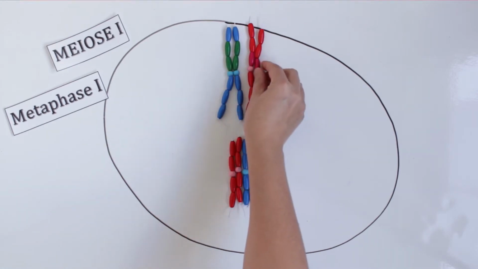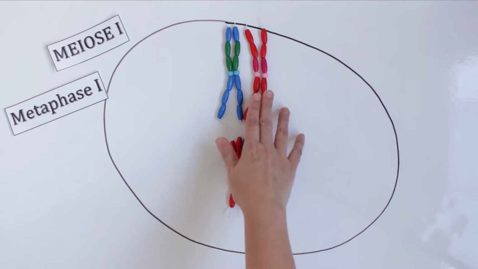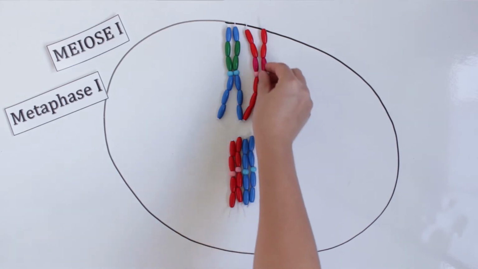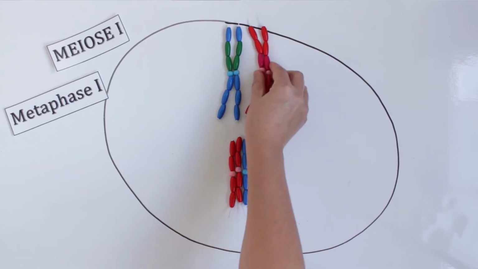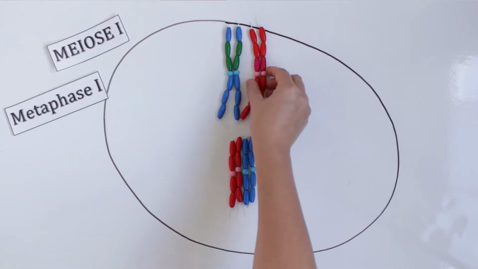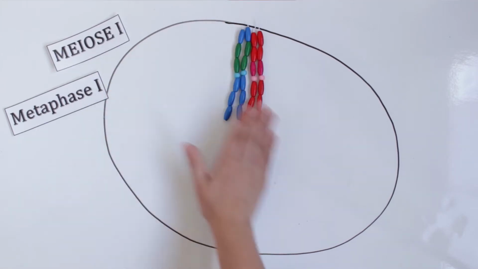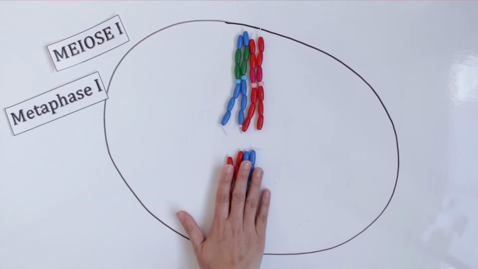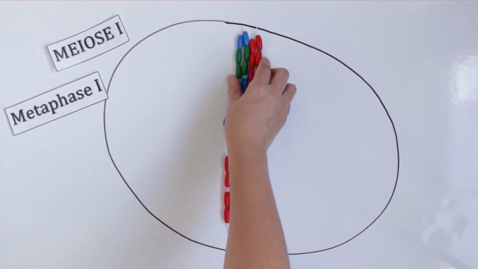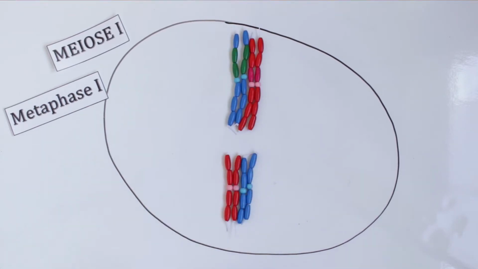And remember, when I duplicate, I call each copy a sister chromatid. So here one sister chromatid, here another one. So in this chromosome I have 2 chromatids. So in metaphase, they go to the middle, just like that, as tetrads.